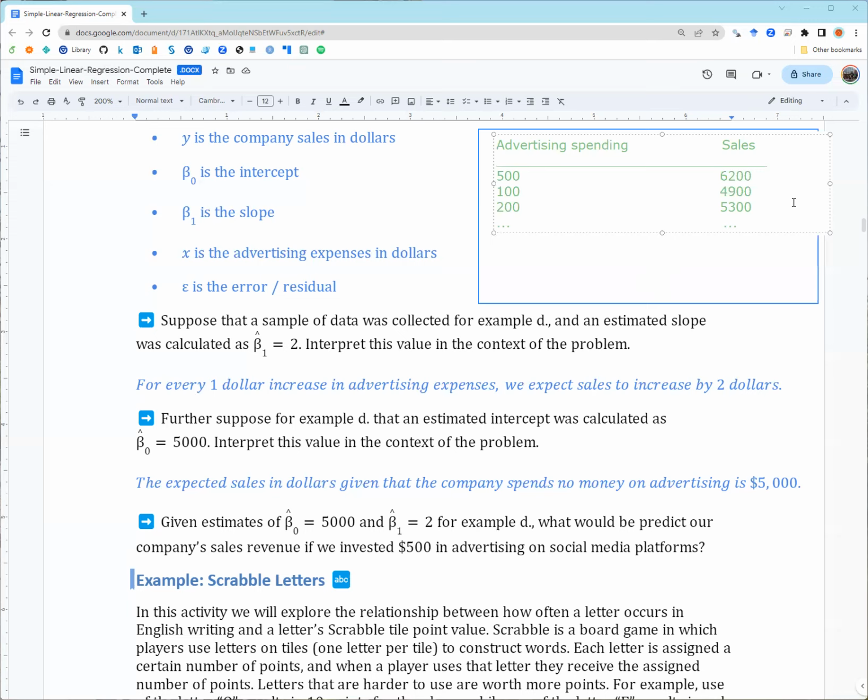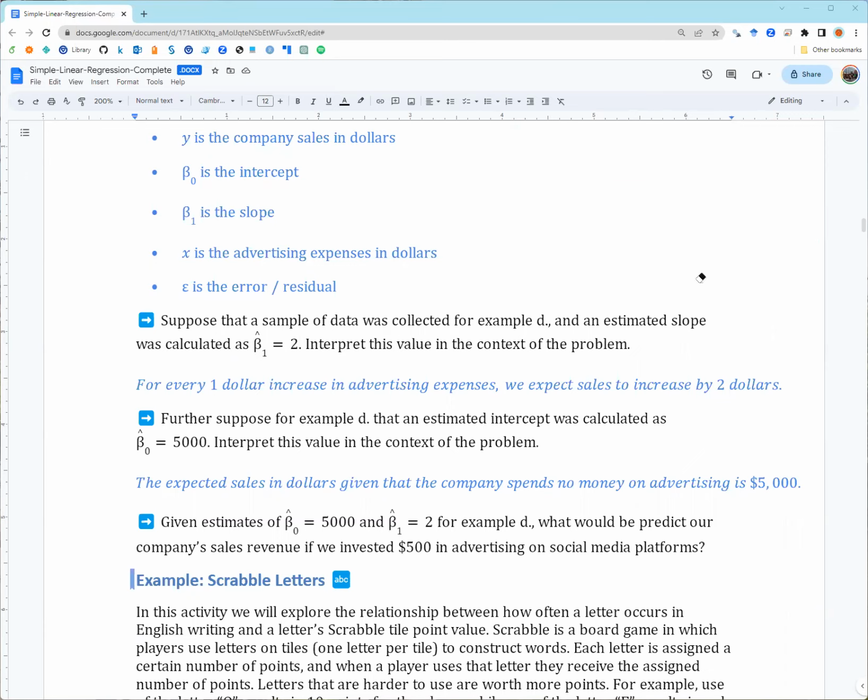This is how our data set would look, and then we could use linear regression to get estimates of this slope and intercept to describe this relationship between advertising spending and sales. So that's the type of structure we would need for the data to use simple linear regression in this case.